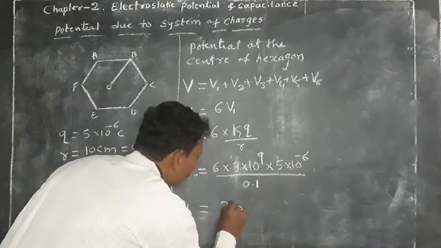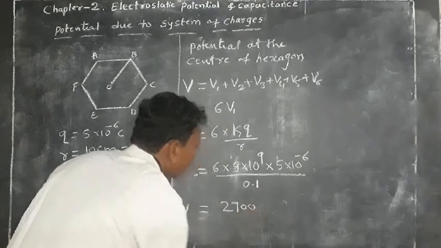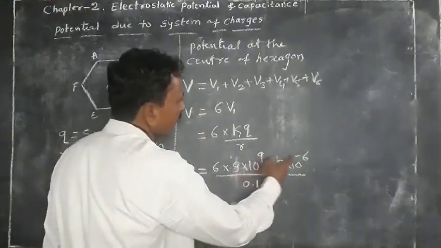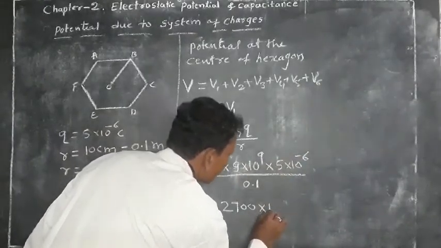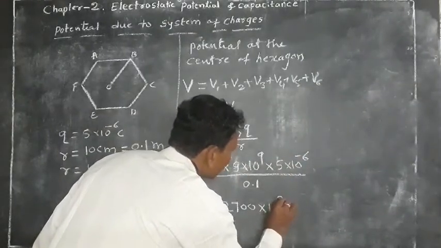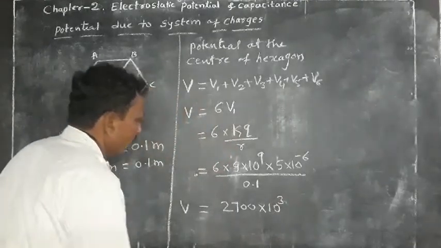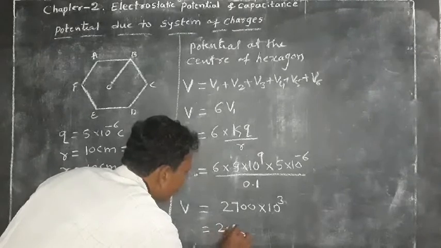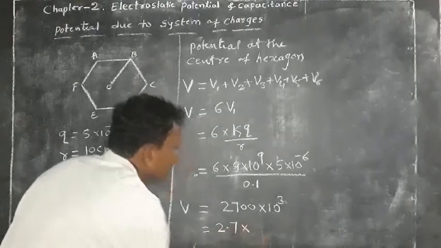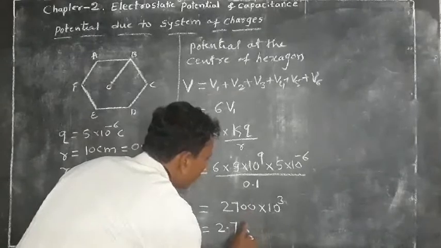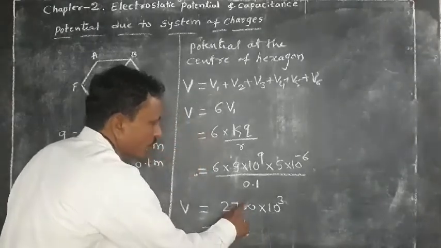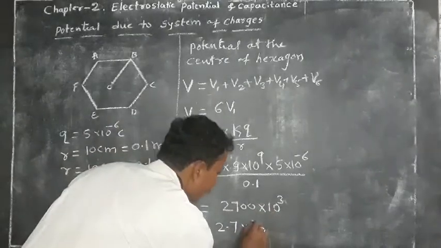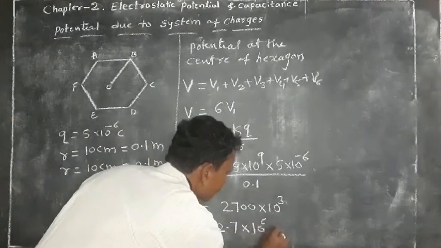V equal to 6 into 9 into 5 divided by 0.1 is equal to 2700 into 10 to the power 9 minus 6, that is 10 to the power plus 3 volt, or 2.7 into 10 raised to plus 3, and 10 raised to plus 3 into 10 raised to plus 3 equal to 10 raised to 6 volt.